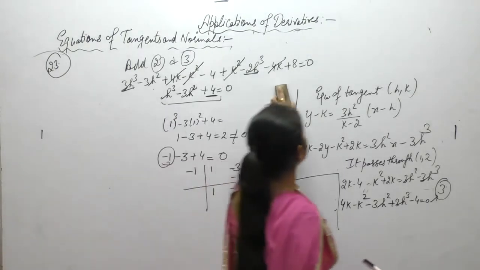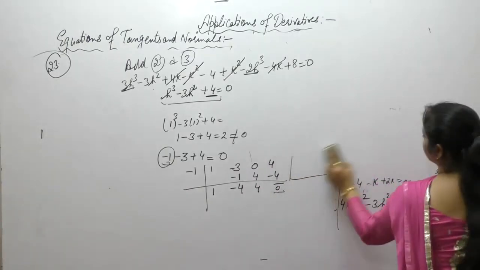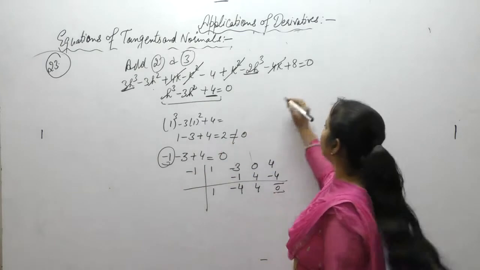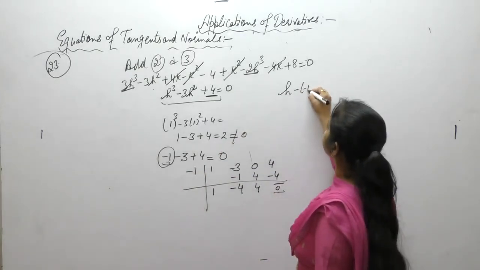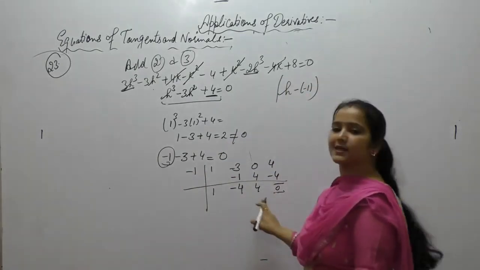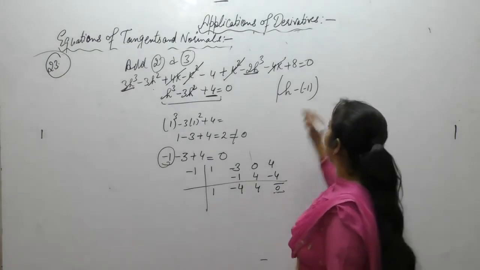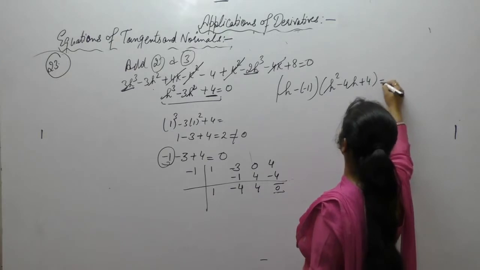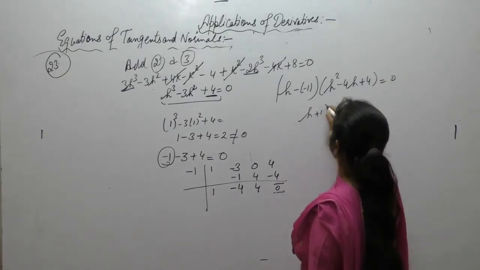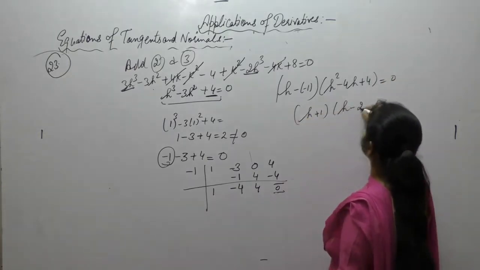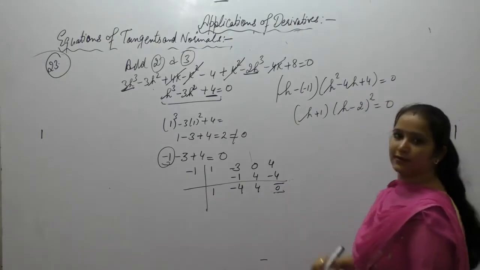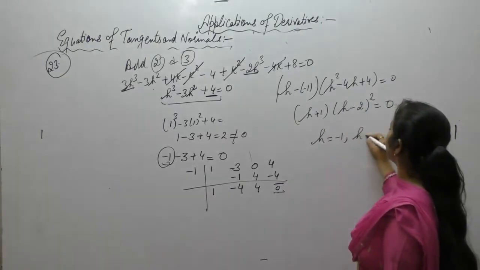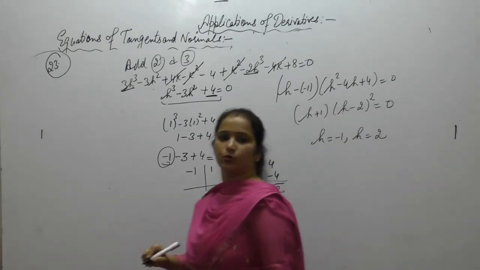Now the factors of the cubic polynomial: minus 1 is one of the factors, h minus minus 1. Now this is the quadratic left: h square minus 4h plus 4. So h plus 1 and h minus 2 whole square. So h is minus 1 and h is equal to 2.